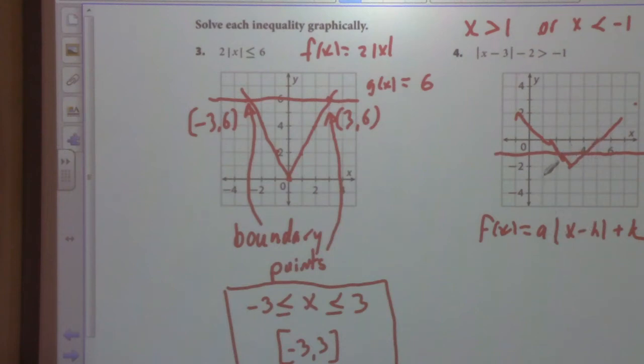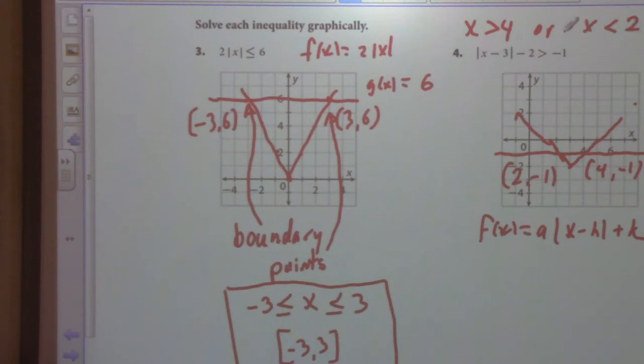So I'm looking at my boundary points. It looks like 2, comma, -1, and 4, comma, -1. So I'm not getting these solutions here. What solutions am I getting? I got x is greater than 4, or x is less than 2.